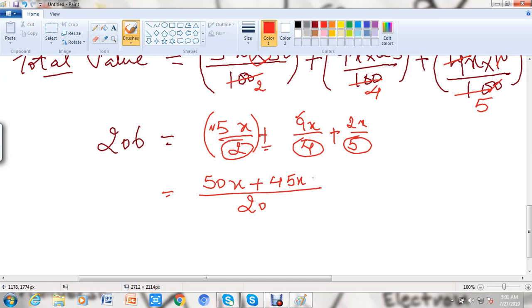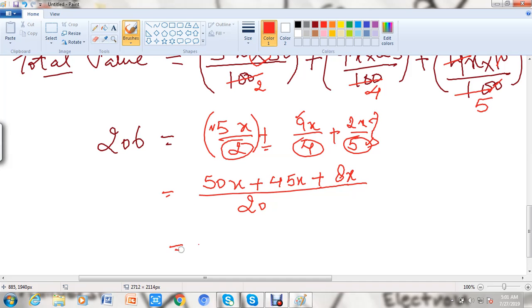Now you can easily see that 50 plus 45 plus 8 is 103. So we have got 103x divided by 20. Now further simplifying this, do not forget 206 is everywhere in the left hand side.